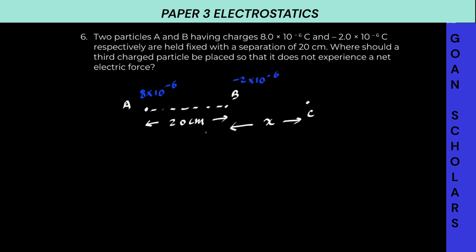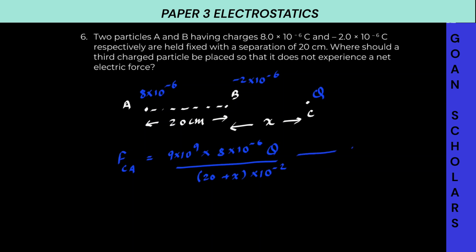So let's figure out the force due to A on C. The force on C due to A will be equal to K, which is 9 × 10^9, into the first charge, which is 8 × 10^-6, and let's assume the charge which is to be placed at C is capital Q, whole divided by the gap between A and C. The gap will be (20 + x) × 10^-2, whole square.